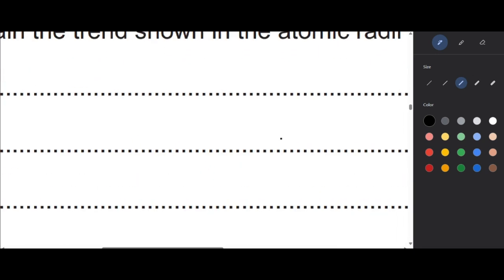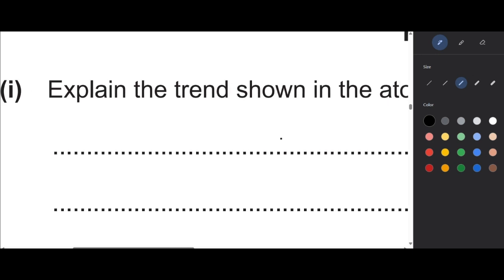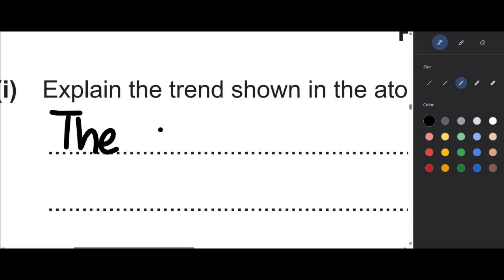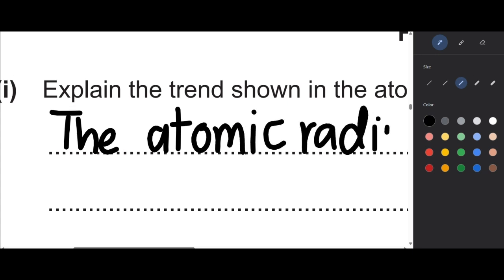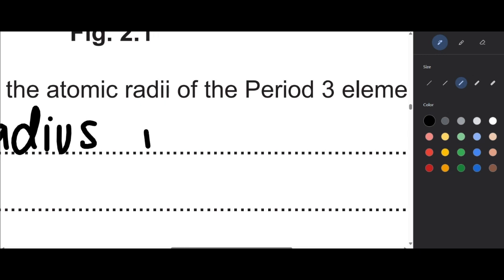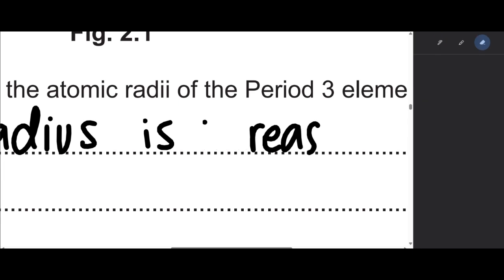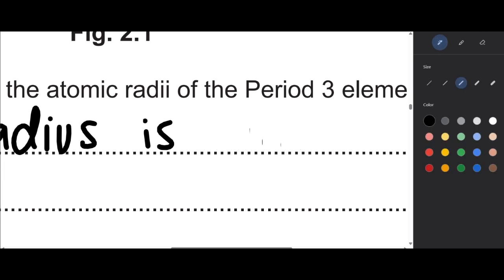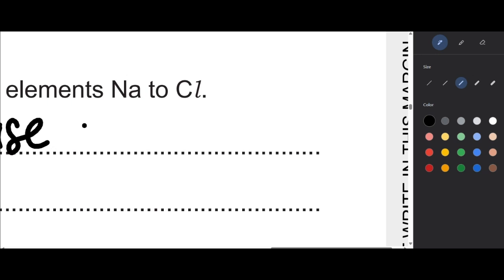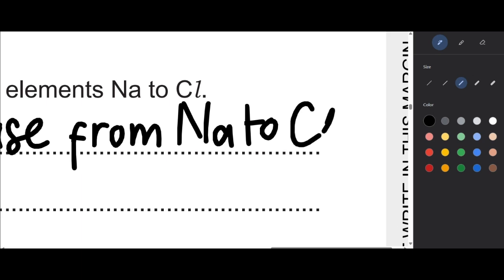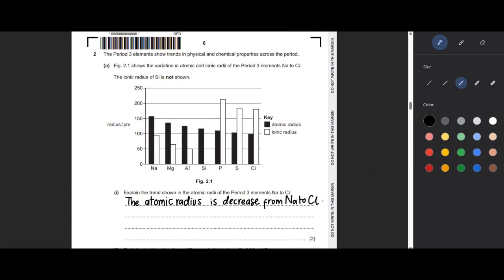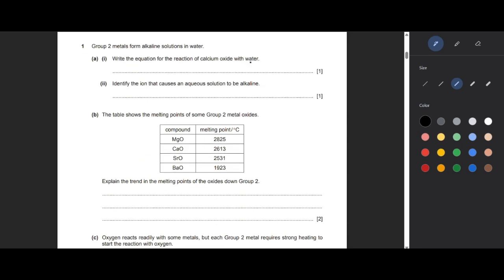So the answer is the atomic radius decreases from Na to Cl. Okay, we move to the next question.